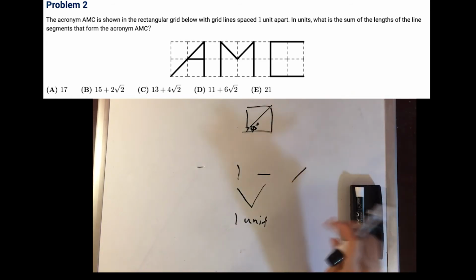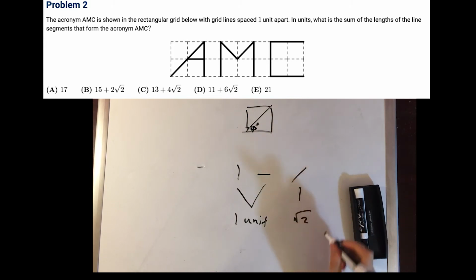So we know the length of our diagonal line is √2 units. And now we just have to count how many horizontal, vertical, and diagonal lines there are. For each horizontal and vertical line, we'll add a 1 to our total. For each diagonal line, we'll add √2 units to our total.